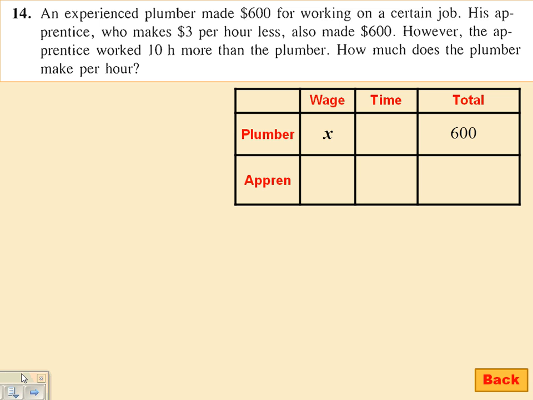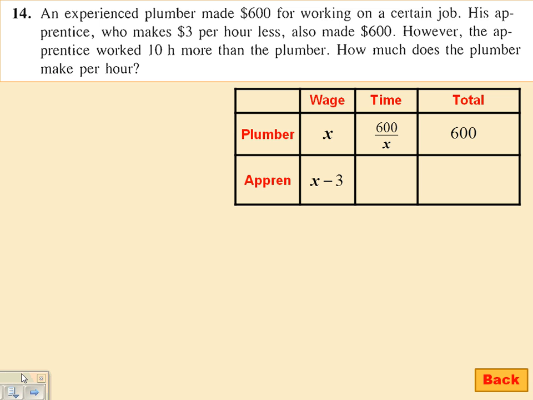So how much time did the plumber actually work? Well, I can figure that out by doing 600 over X. It then says the apprentice makes $3 per hour less. So that's going to be X minus 3. It also says the apprentice worked 10 hours more.